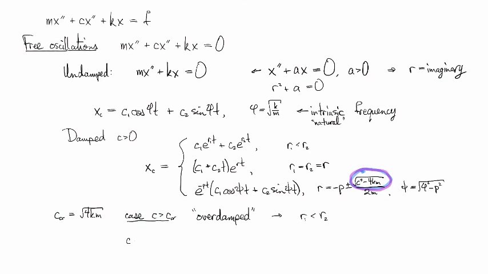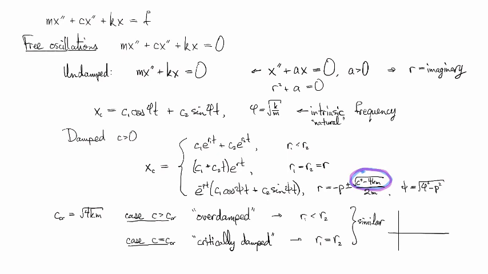When it's equal, this is called critically damped. These two actually look very similar. It's hard to tell the difference between them visually. If you're given a plot and somebody asks you whether this is a critically damped or an overdamped system, they both look qualitatively very similar.